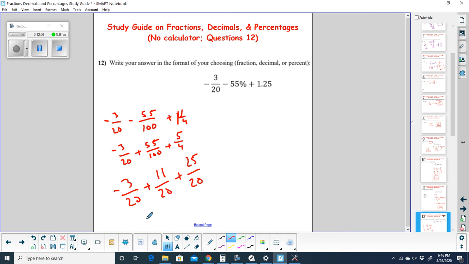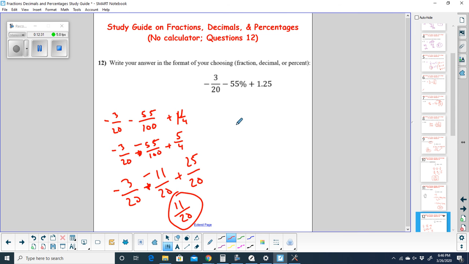So my numerator is going to be negative 3 plus 11 is 8. 8 plus 25 is, wait a minute, I found a mistake. This is a negative. This is a negative. So negative 3 and negative 11 is negative 14. Negative 14 plus 25 is 11 over 20.